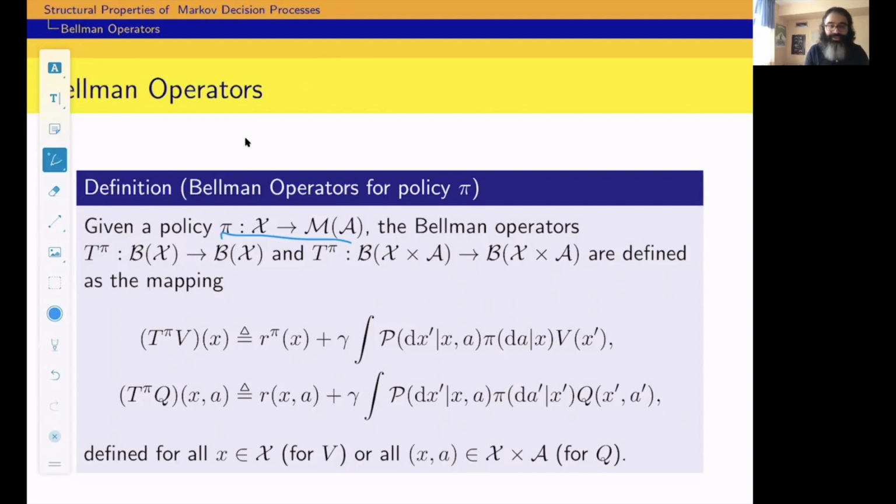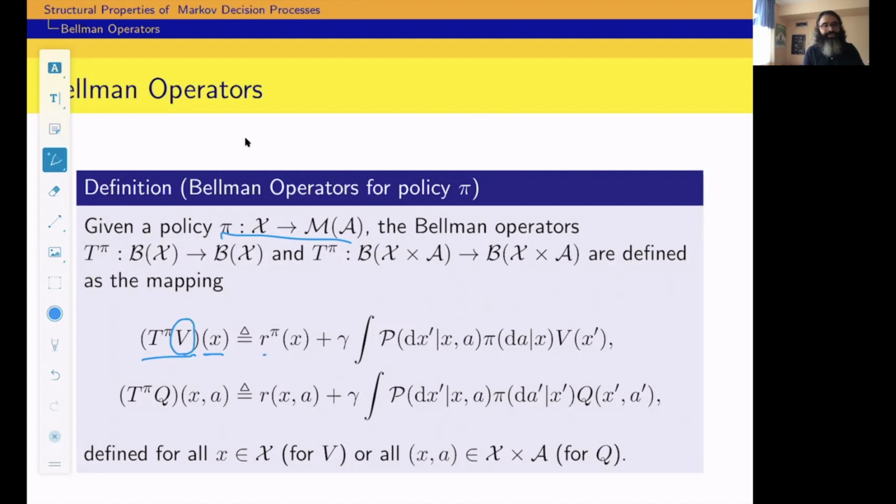One is for V, the other is for Q. Let's see how it works. The first one takes a V and does some operation to it. The result of that operation is T pi of V. I want to show what the value of T pi of V is at state X. T pi of V is a function, but the value of T pi of V at X is a number.